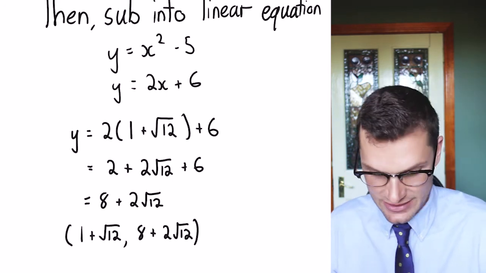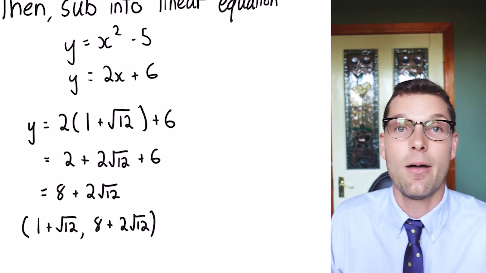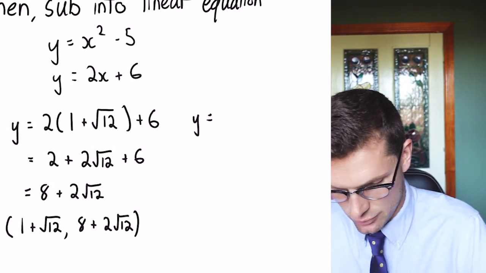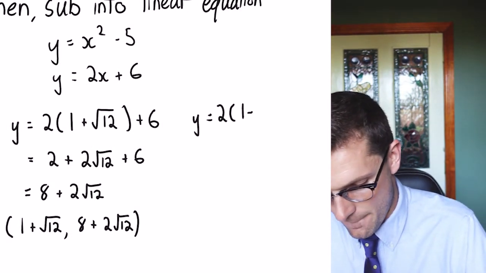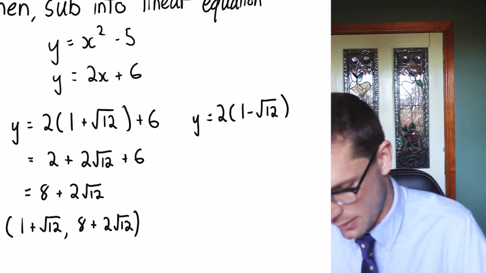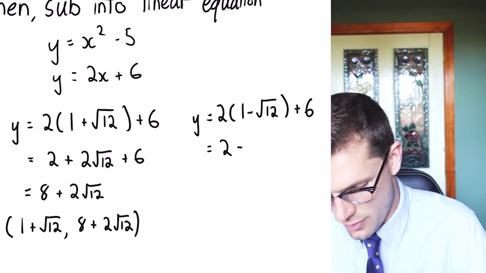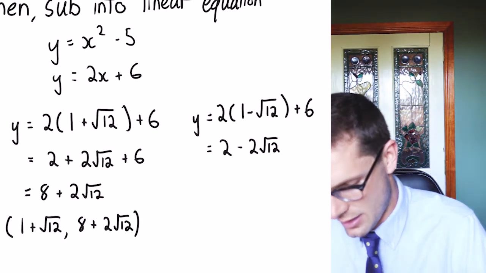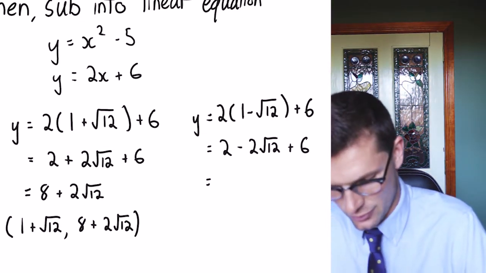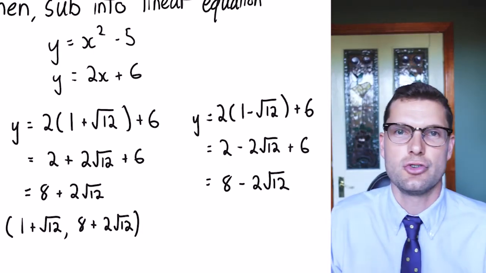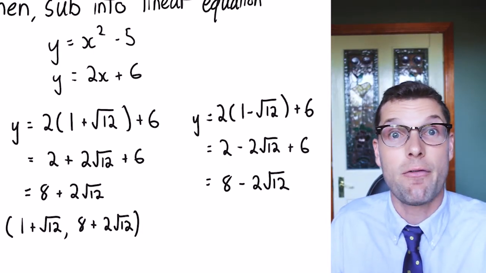But now I've got to do this again using 1 minus root 12. So this becomes y is equal to 2 times 1 minus root 12, plus 6. If I expand out, it becomes 2 minus 2 root 12 plus 6, which becomes 8 minus 2 root 12. Again, I've got to write my final coordinate.